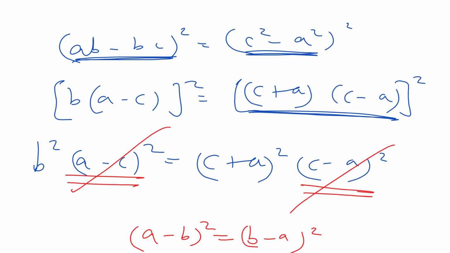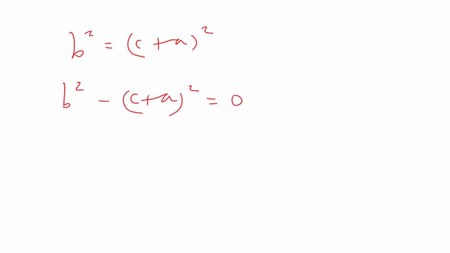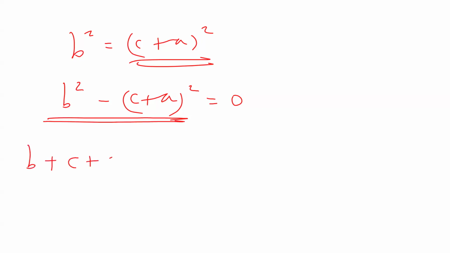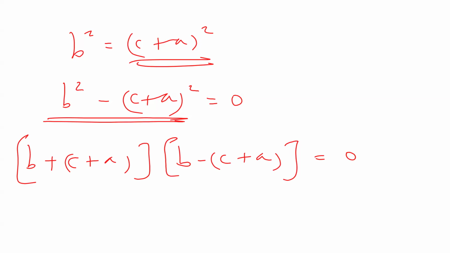So b square is equal to c plus a the whole square. So b square minus c plus a the whole square. Take this term on the left hand side. I said a, b and c are constants, so don't take a chance with taking square roots, as we don't know the values of a, b and c. Now which formula do you apply over here? a square minus b square, a plus b, a minus b equal to 0.